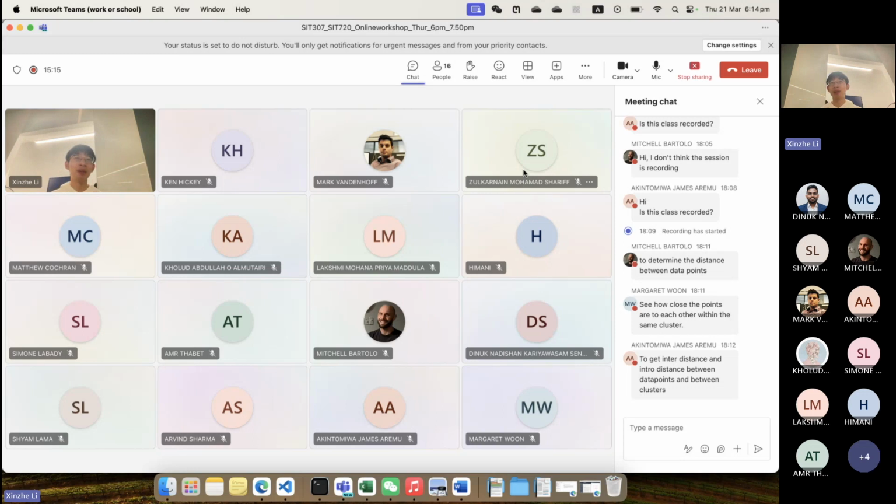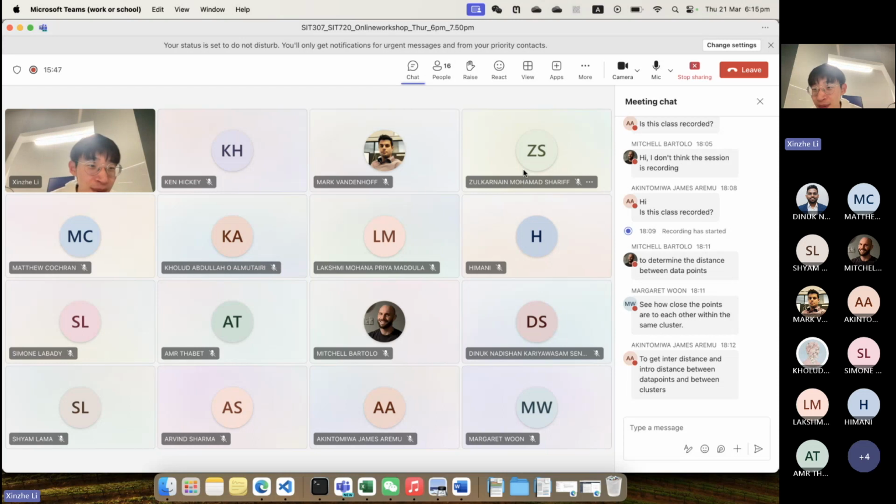Then if centroid A is closer to data point B compared to centroids C and D, you will assign data point B to centroid A, because each centroid represents one cluster. So that will be more efficient. Thank you for that. So now I've talked about the general idea of K-means, but I will show you the details, so no worries.